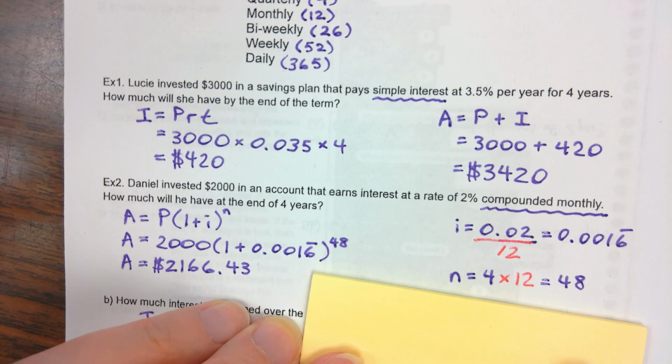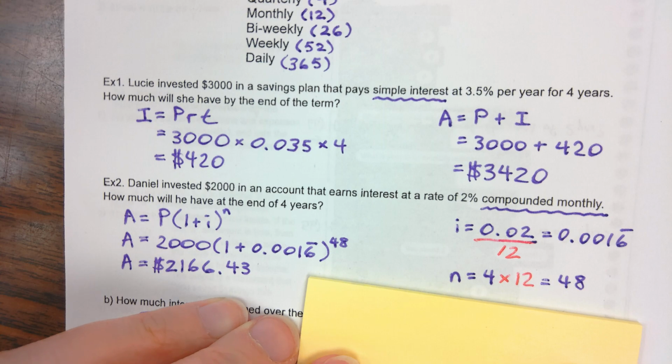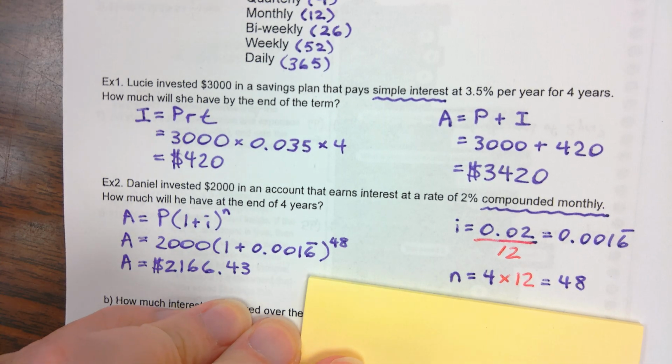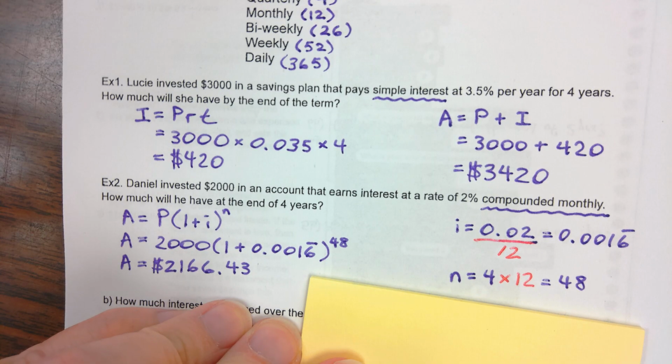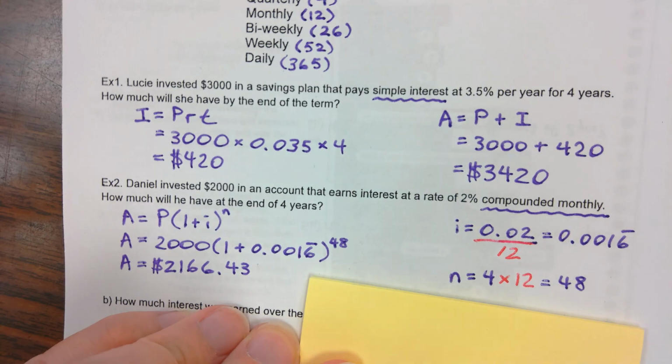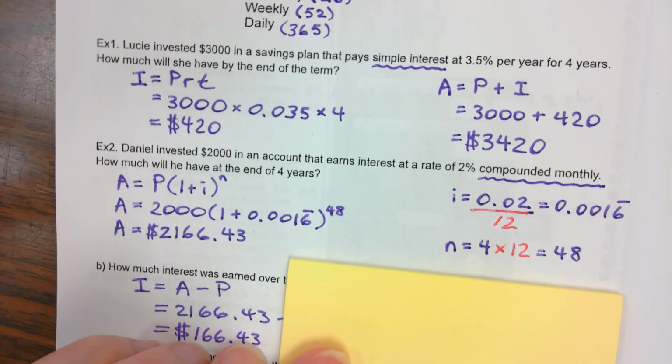All right. So wow, I earned 2,100 at the end of 4 years. Is that right? I earned $2,100 worth of interest after 4 years. Too good to be true, right? How much did I actually earn? 166.